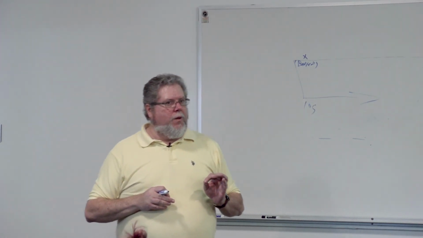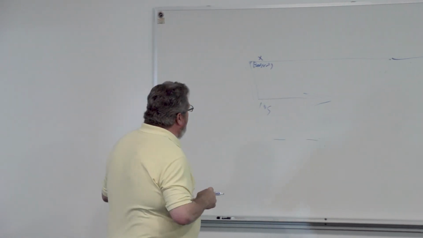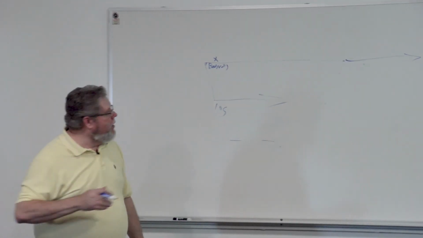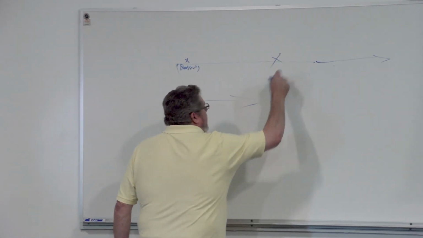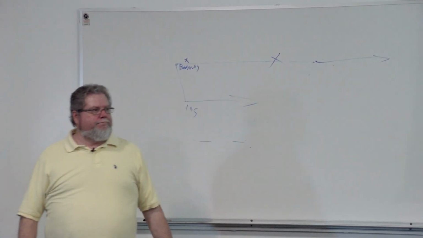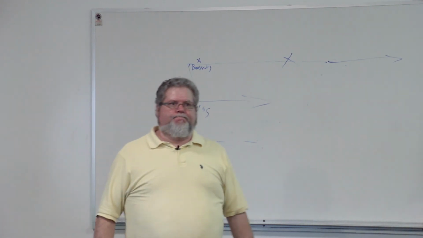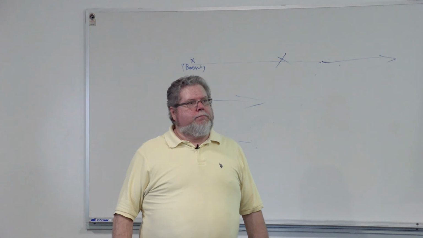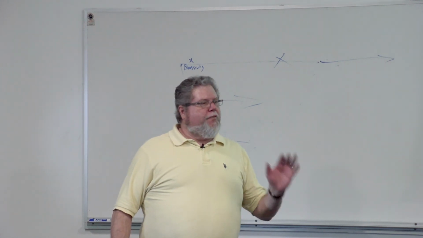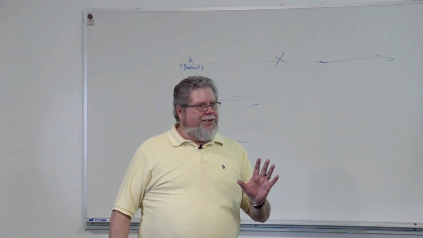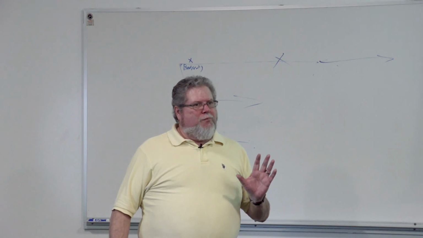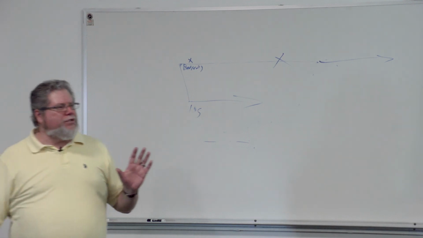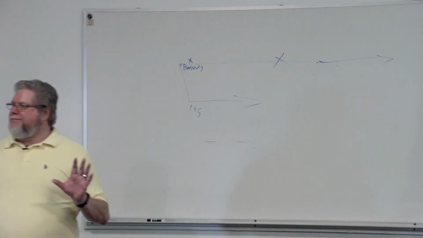Okay? Now, imagine, if you will, this program's running along, it's doing its own thing. And then, boom, something blew up. Now, the first thing you're supposed to do, and no one does, but the first thing you're supposed to do is go look at your log file and see what it was doing when it blew up.